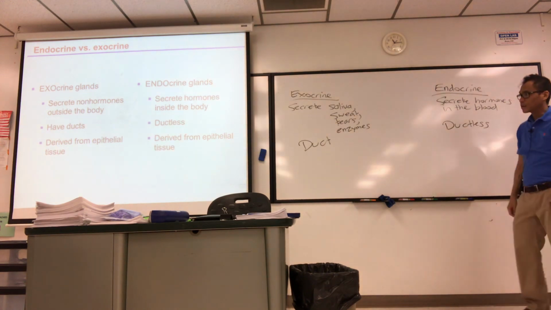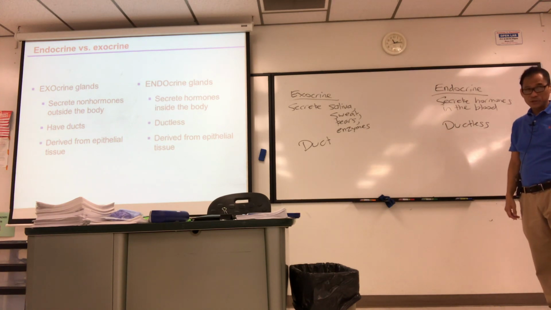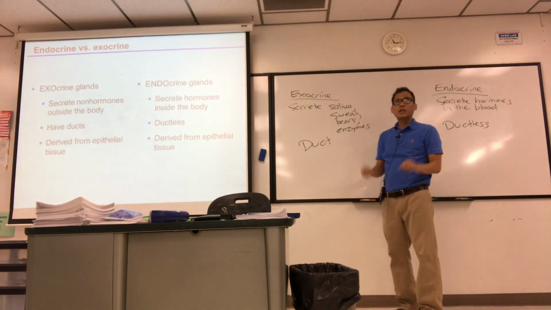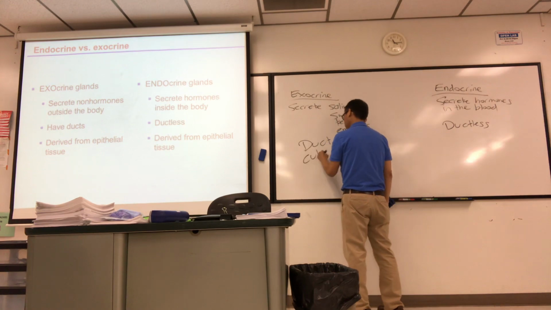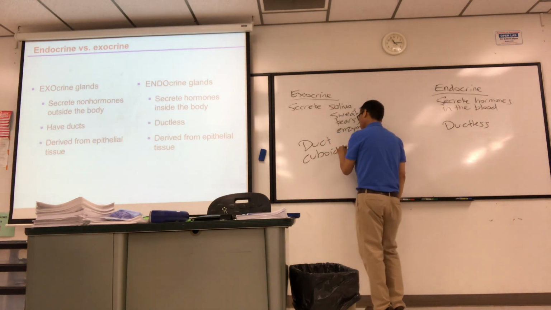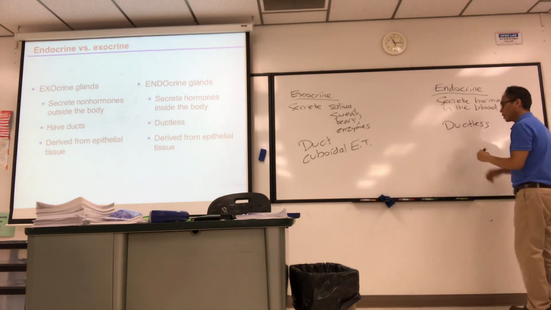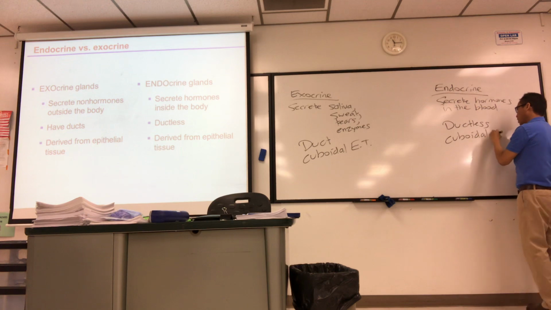Some differences there. And, well, they're both derived from epithelial tissue. I don't know if you remember studying that, chapter 4 of the book. But usually they look like cuboidal epithelia. ET is epithelial tissue. Okay, so they both kind of look like cuboidal epithelial tissue.